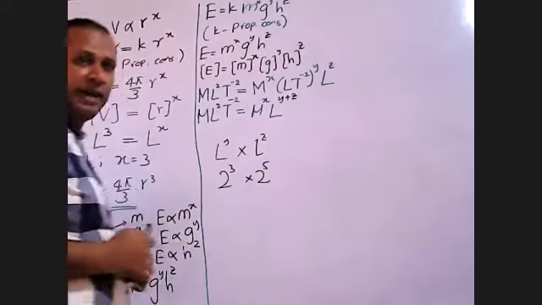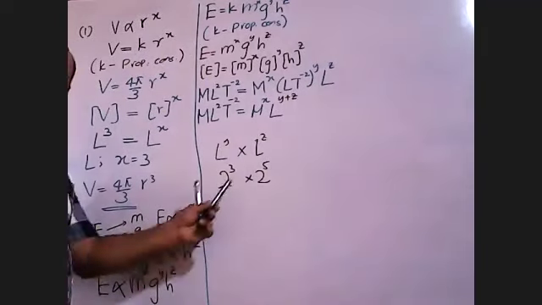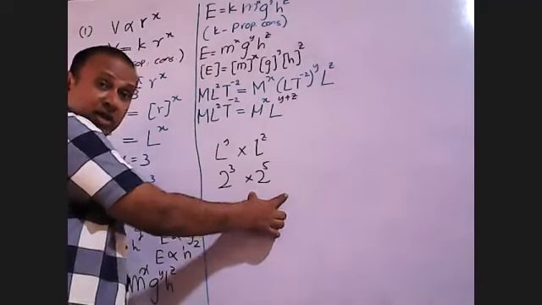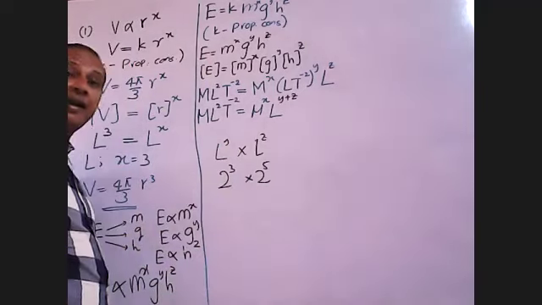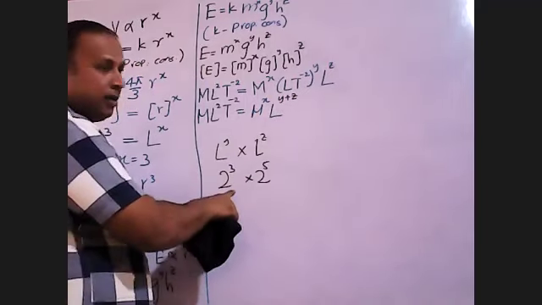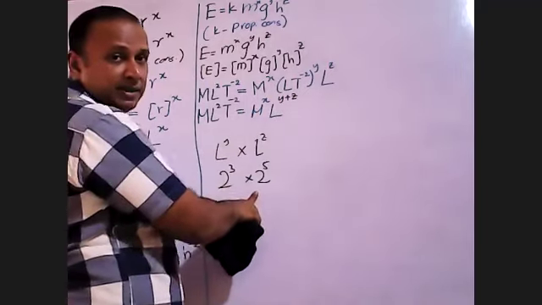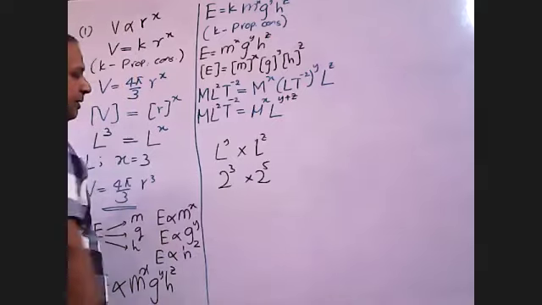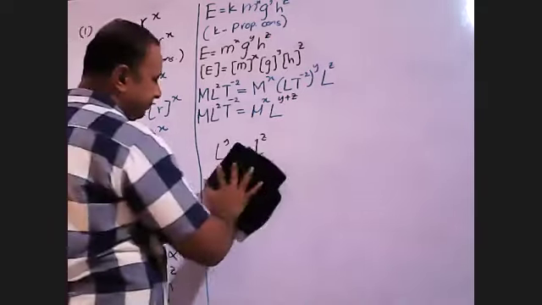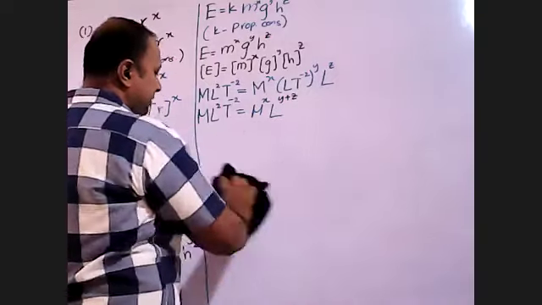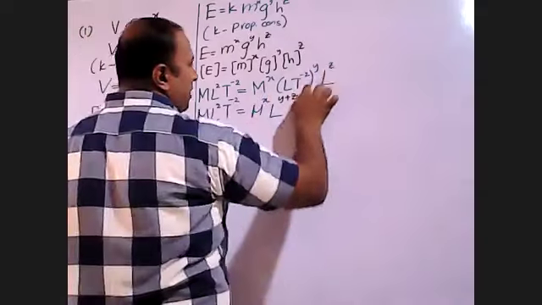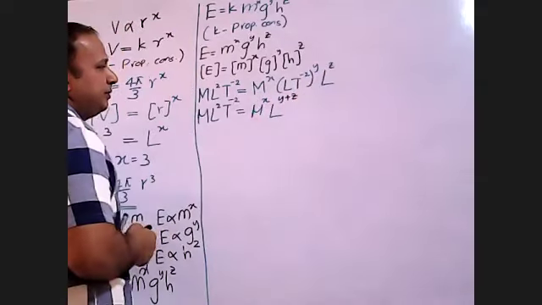Therefore, if two same bases are multiplied, then the indices will be added.